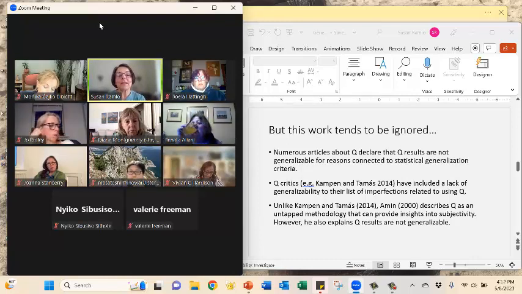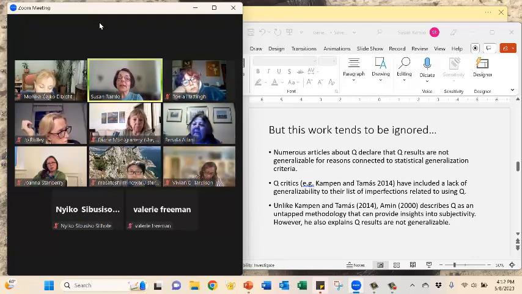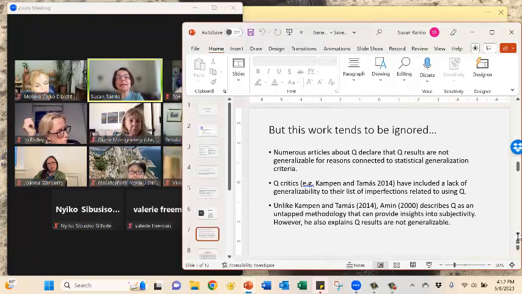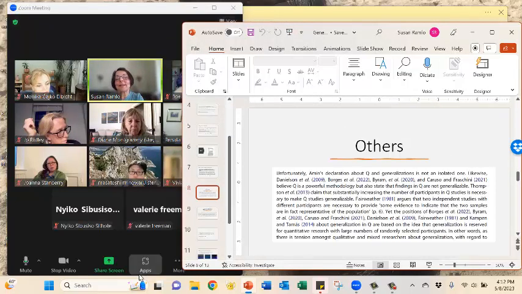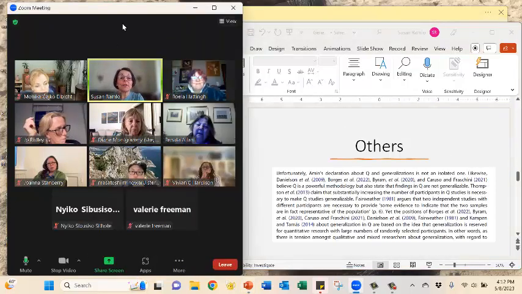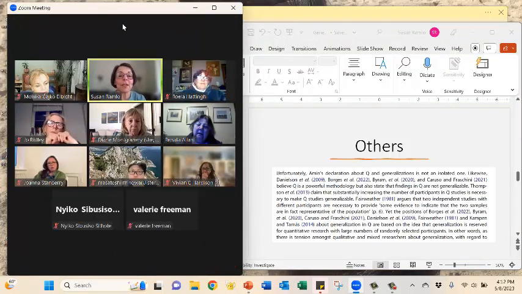And then there have been others, people who have talked about what a wonderful methodology Q is, and how it provides such great insights. But then they declare that Q is not generalizable. There's a whole list of people, some of whom I think have changed their minds, looking at some of their older papers where they've talked about the lack of generalizability in Q.